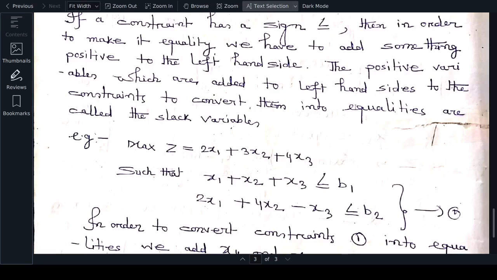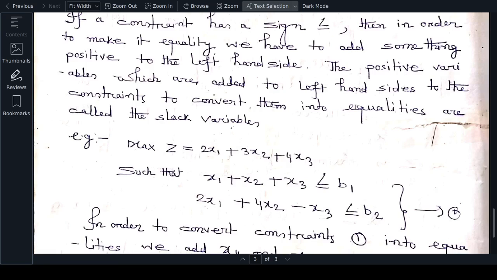In order to convert these constraints into equalities, we add x4 and x5. For the first constraint, x1 plus x2 plus x3 plus x4. X4 means slack variable. In place of x4, you write s1, then equal to b1.